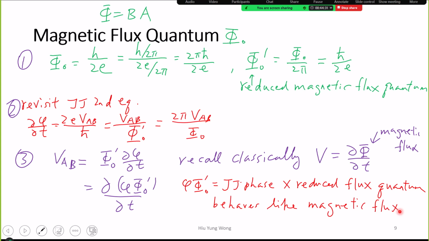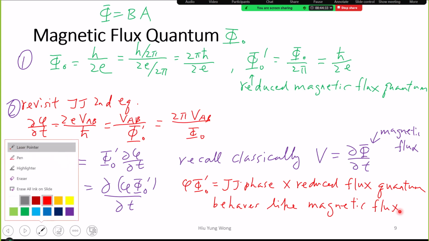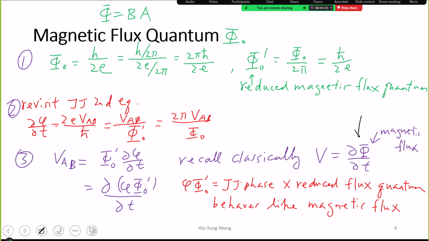But the main point is here. This magnetic flux, this is due to the inductance and magnetic field.